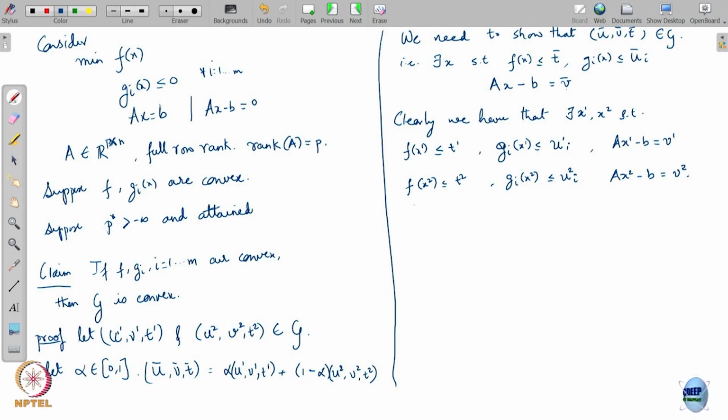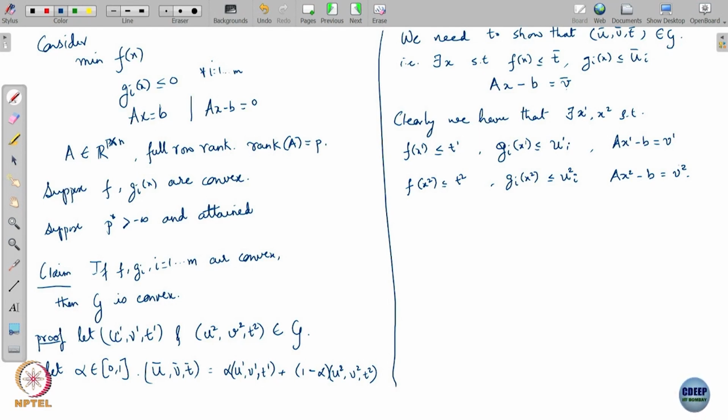Okay. So, now remember t bar is alpha t1 plus (1 minus alpha) t2. Similarly, u bar is alpha u1 plus (1 minus alpha) u2, v bar is alpha v1 plus (1 minus alpha) v2.